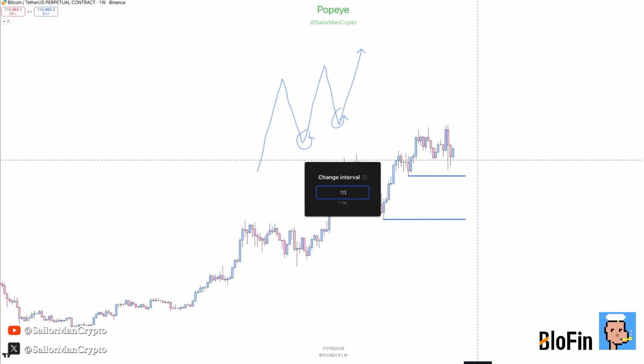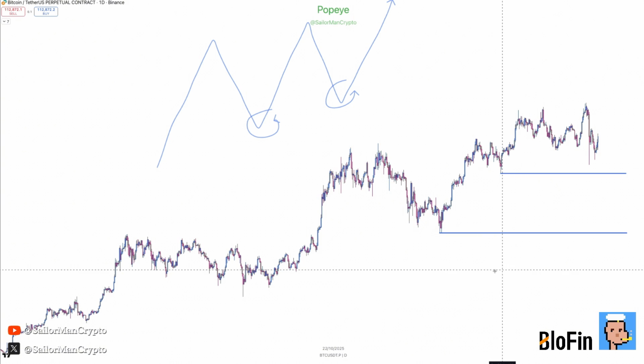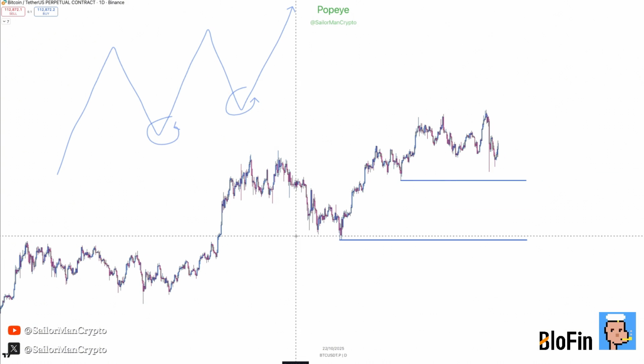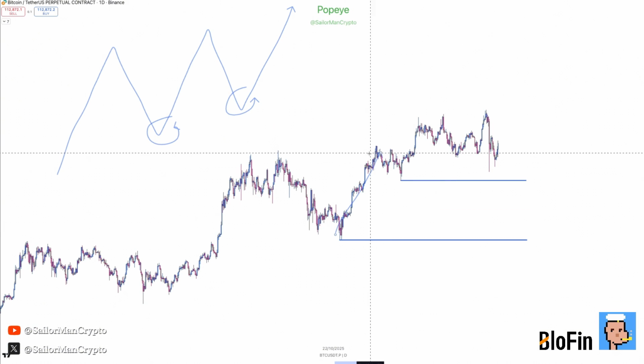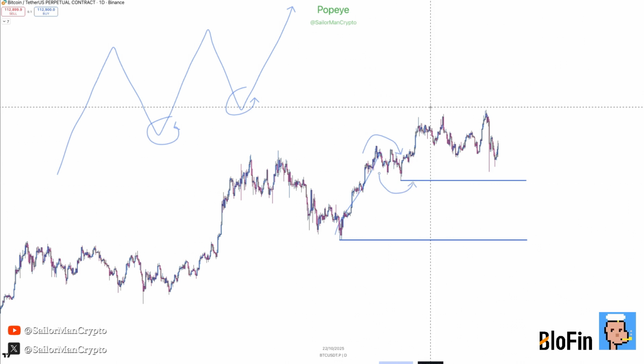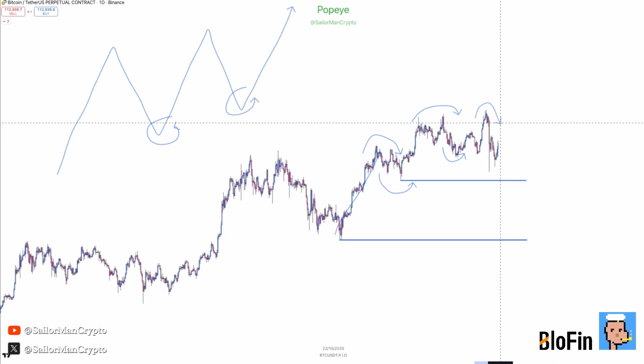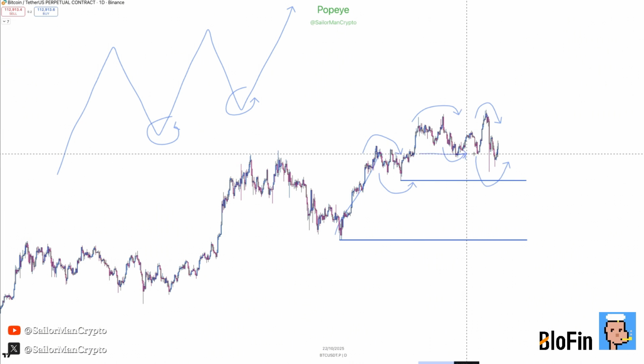If we look on the daily, we can find another sort of structure that is potentially this one, where we had this high here, this low here, then arguably this high here, this low here, this high here, and potentially now this high is broken.